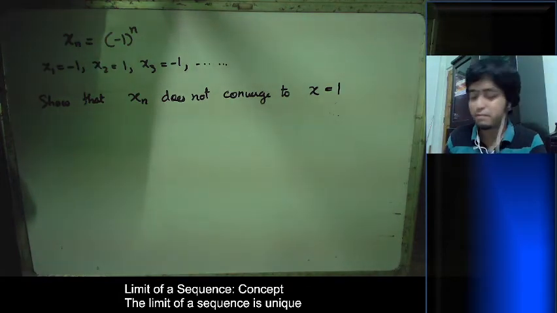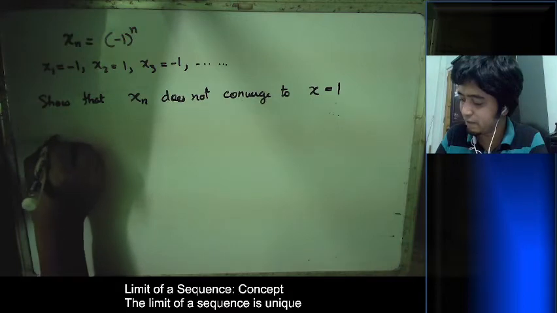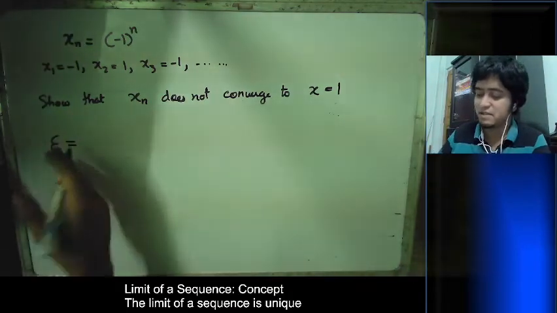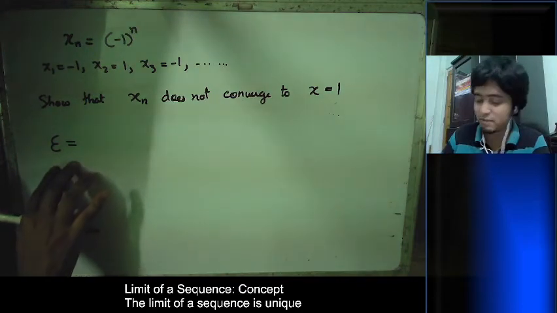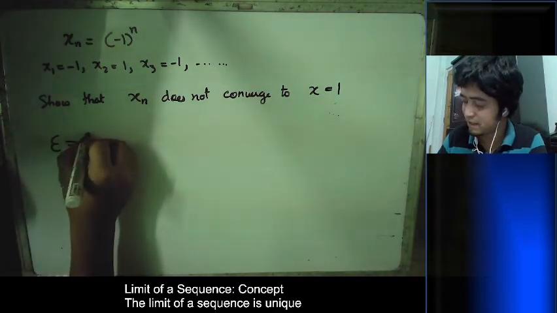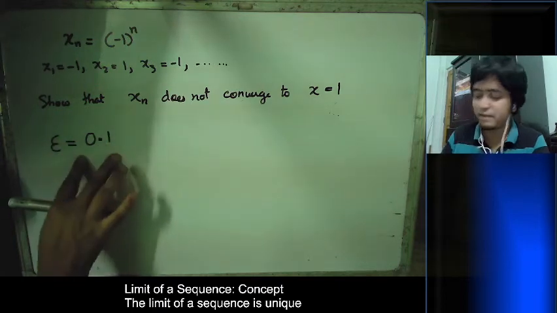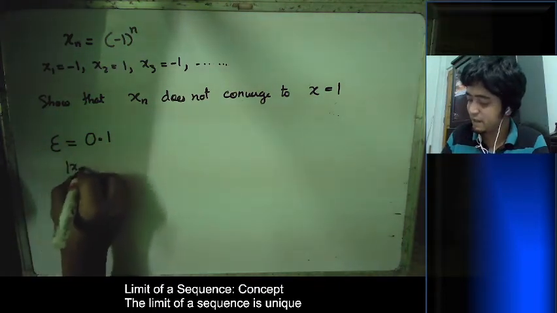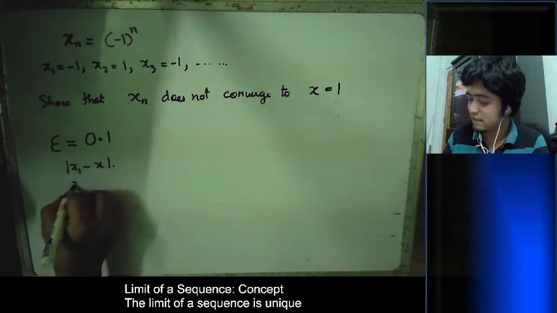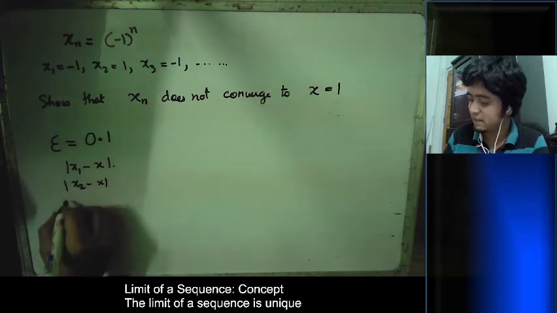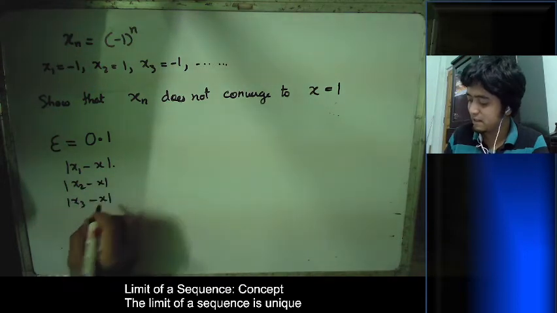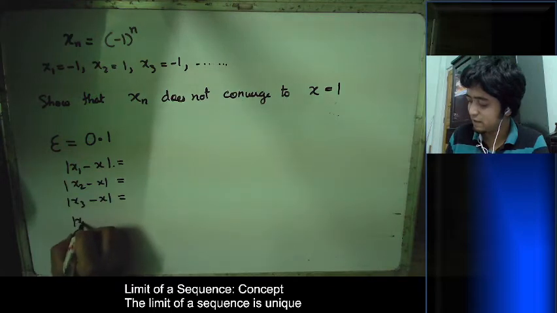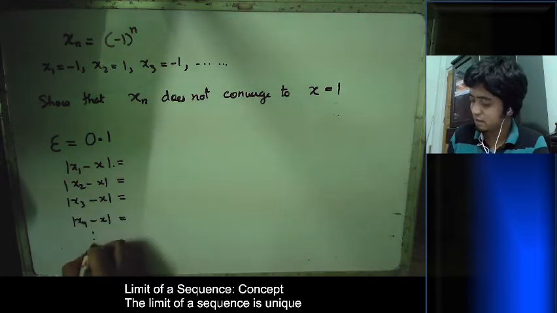What will we do? I will give a particular value of epsilon, because remember that if it does not converge, then we just need a particular value of epsilon. Let us say 0.1. I will make it very small. Now I will look at x1 minus x, x2 minus x, x3 minus x, and I will calculate x4 minus x, and so on.